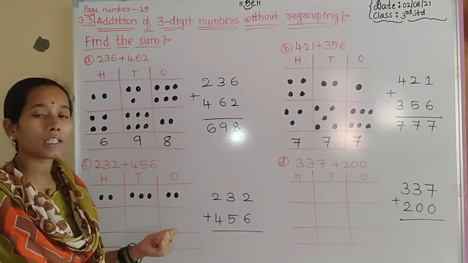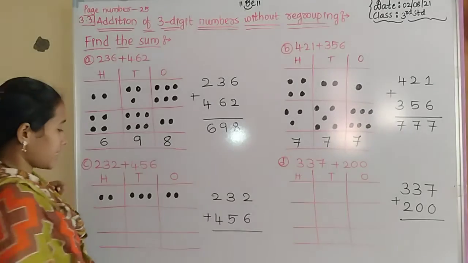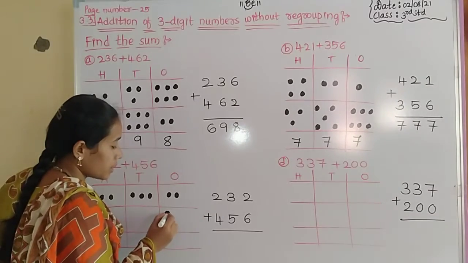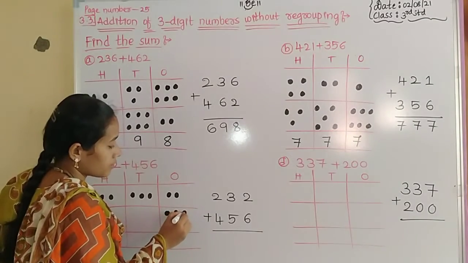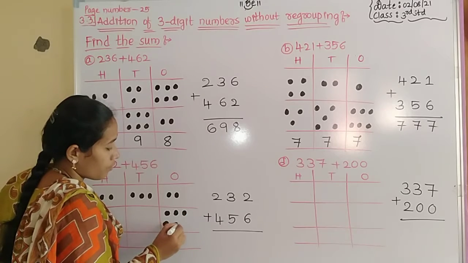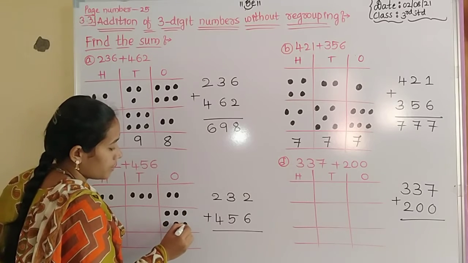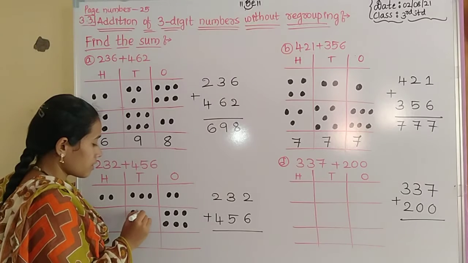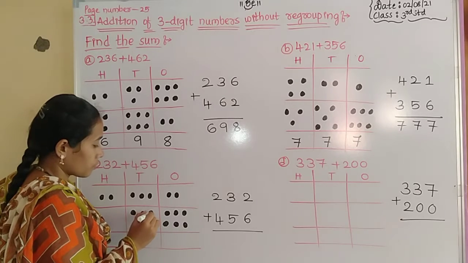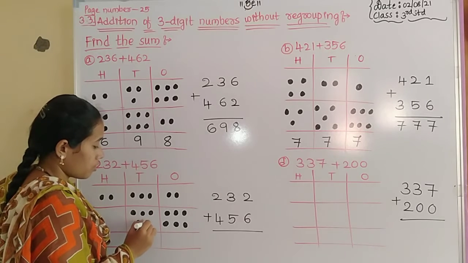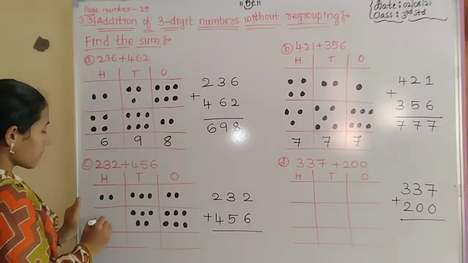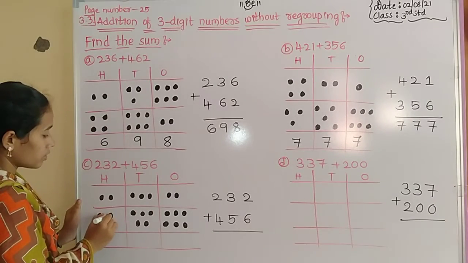Which number is in the ones placement? 6, so represent the number with 6 dots: 1, 2, 3, 4, 5, 6. Then the tens placement, 5: 1, 2, 3, 4, 5. And the hundreds placement, very good, 4.